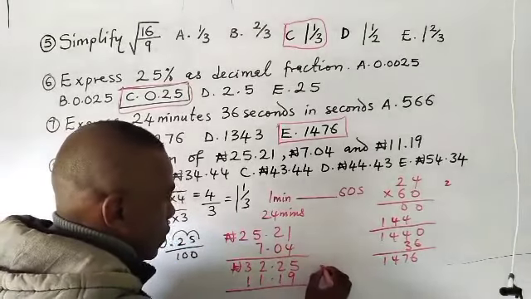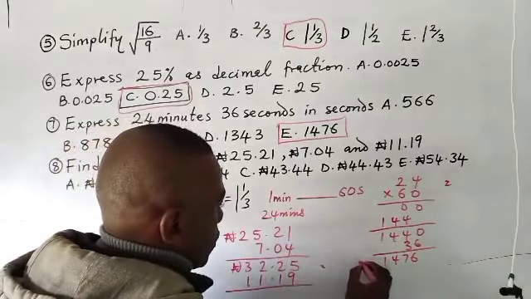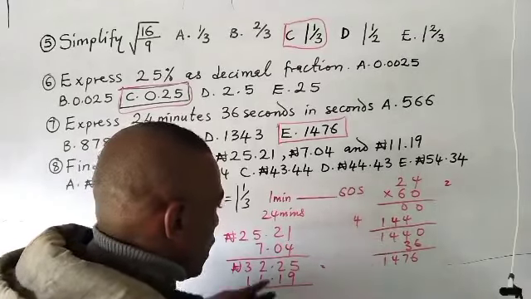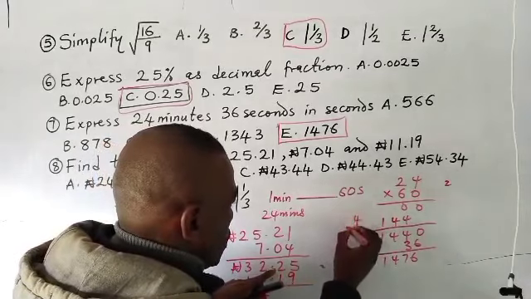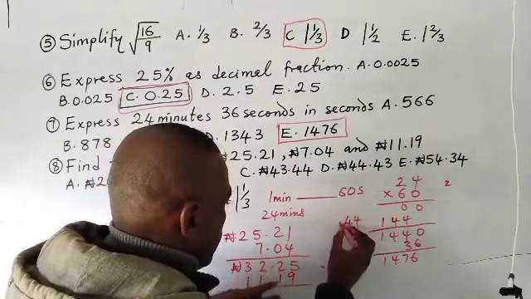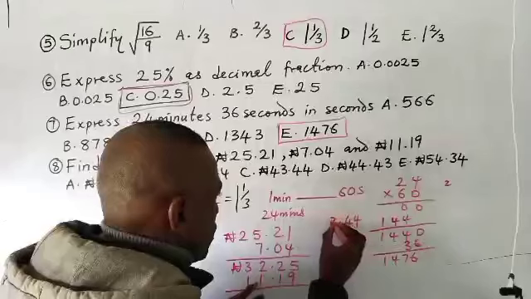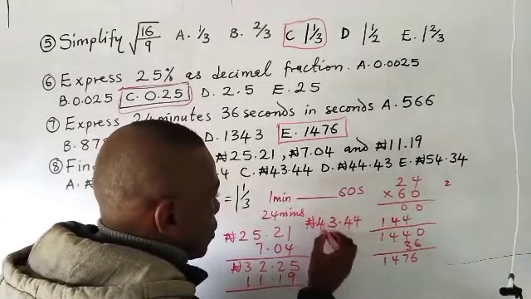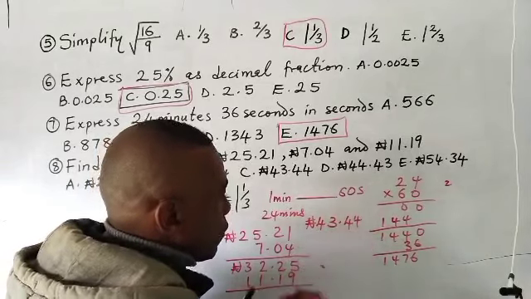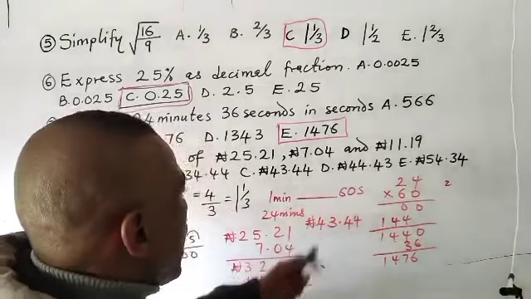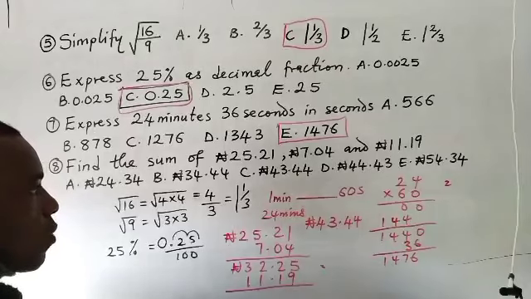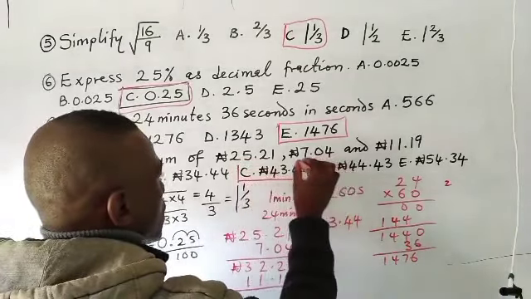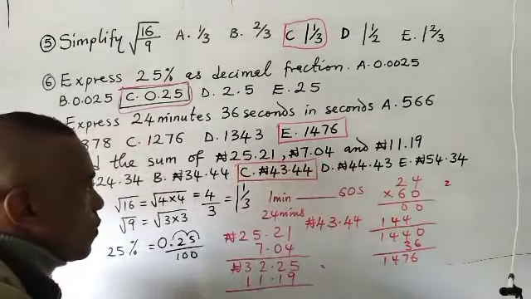When I add it up, this and this will give us 14. I will carry 1 and add here. It will be 4. Then point. When I add this, it will give us 3. If I add this, it will give us 4. So what we have here is 43 naira, 44 kobo. And this naira is a Nigerian currency. Meaning that the answer to this question is in option C.